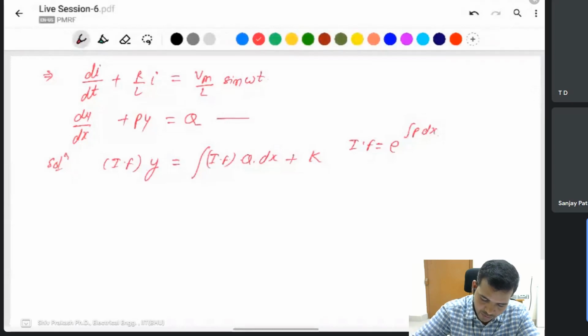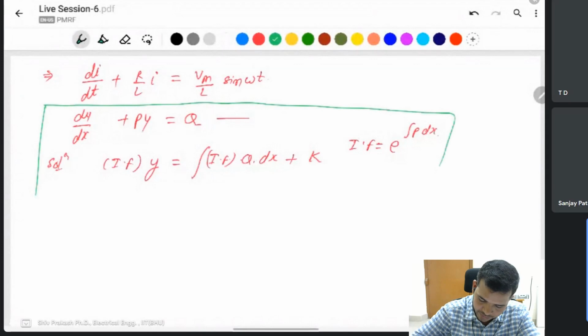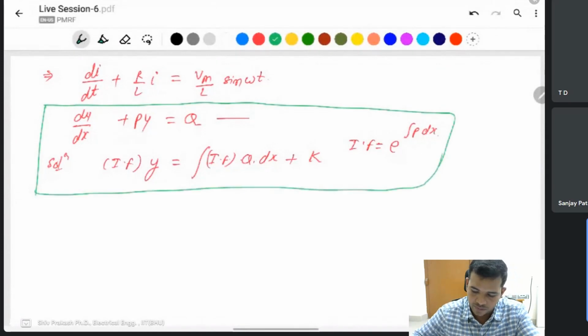You should apply this to calculate the current expression in this circuit.